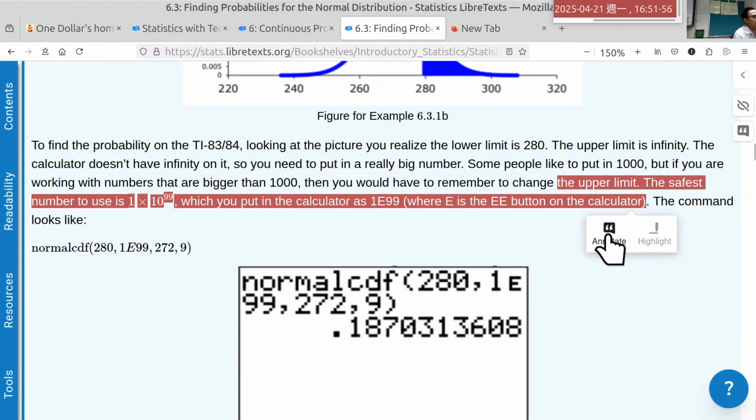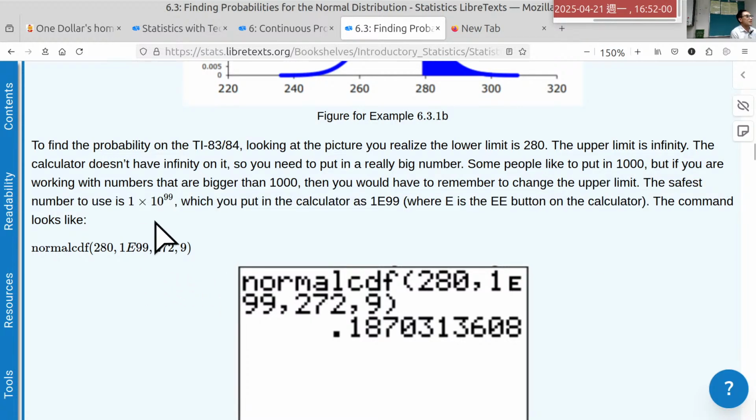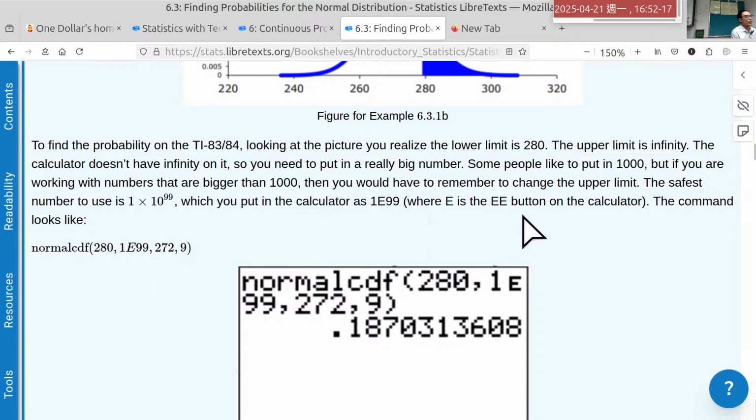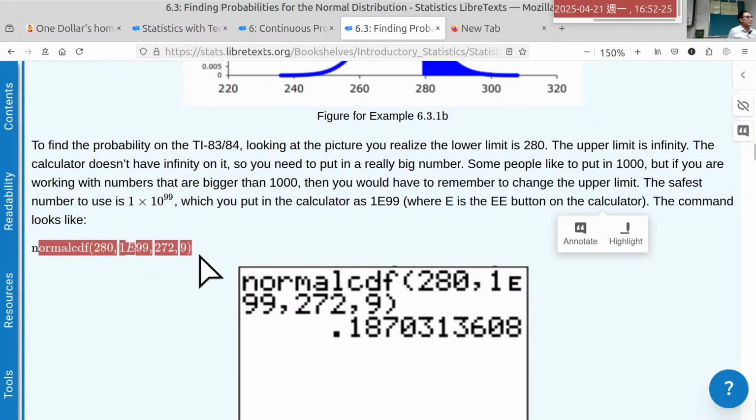The safest number to use is 1 times 10 to the power of 99, which you put in the calculator as 1e99, where the e is the e button on the calculator. The command line looks like this one.